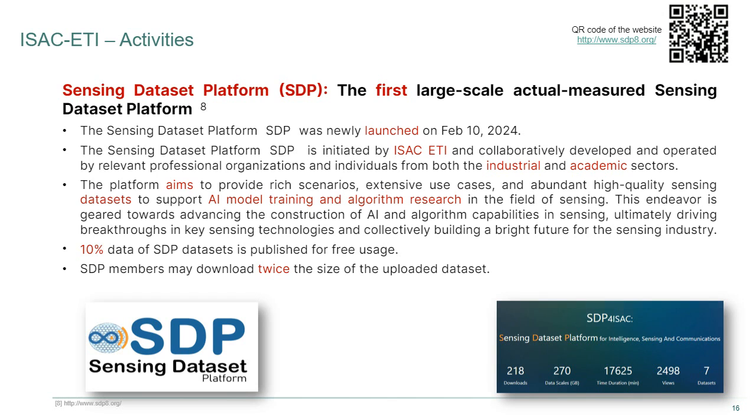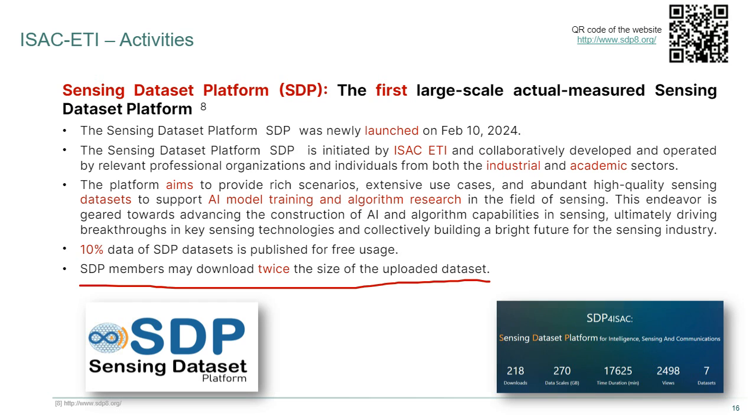The basic logic behind it is we publish 10% of the dataset for free usage. But if you would like to download more, you have to upload. The members can download twice the size of the uploaded dataset.